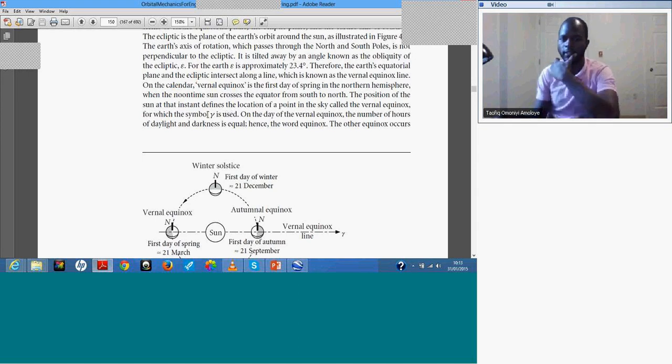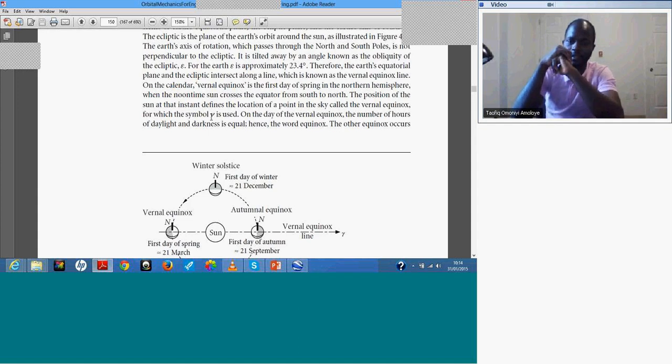The vernal equinox is symbolized by the Greek letter gamma, because when the ecliptic plane and the equatorial plane coincide at noon, the sun is just crossing the equatorial plane. That position is the vernal equinox line, symbolized by gamma.